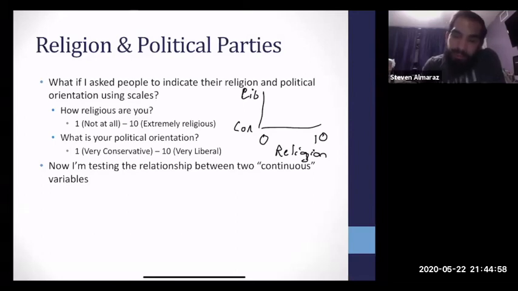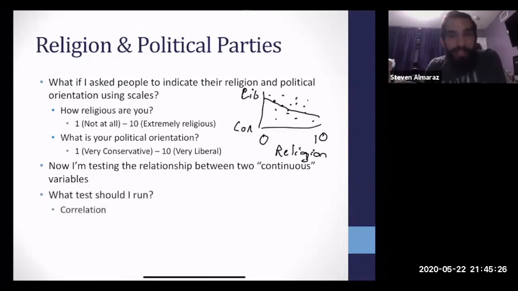One person might be very religious and very conservative. Another person might be very religious and not that conservative, pretty liberal. Maybe somebody else is not very religious and they're pretty conservative. And another person is very liberal and also not religious at all. We can get people in a bunch of different spots like this and run a correlation.